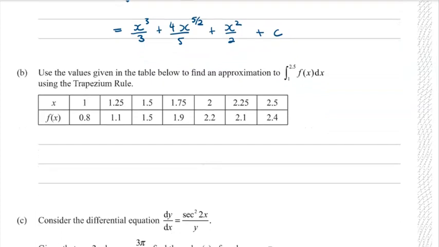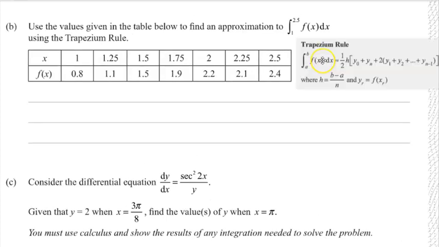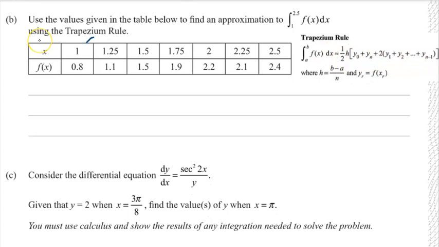All right, question 3b is trapezium rule, which is a very boring, but here we go. So here it is from the formula sheet. So h is the gap between our intervals like this. So h will be equal to 0.25.